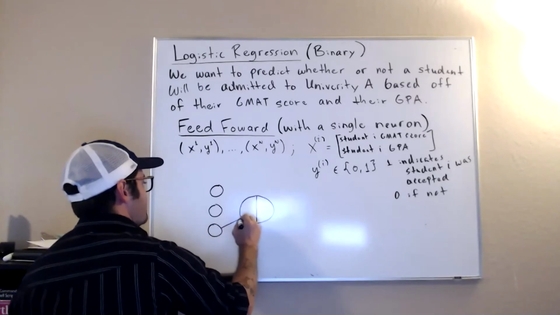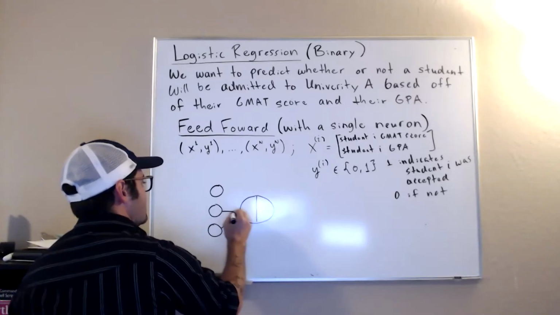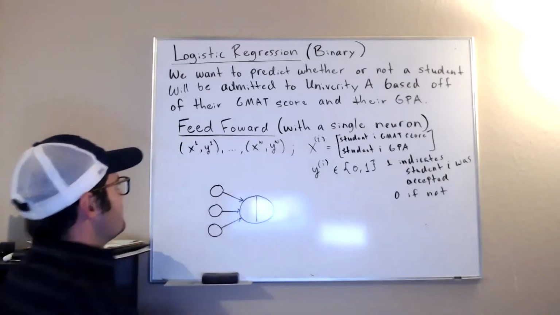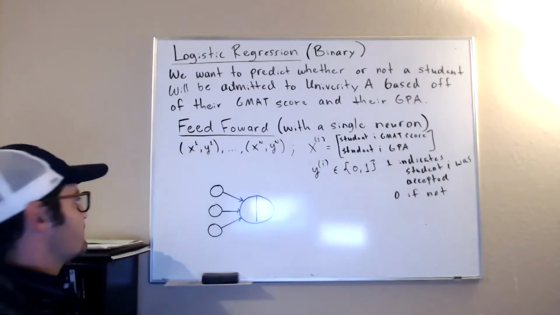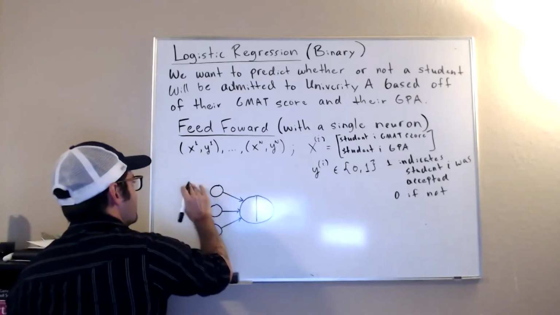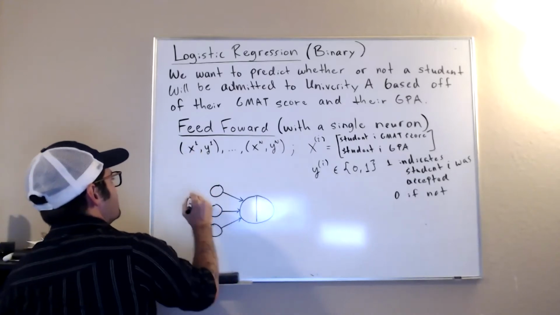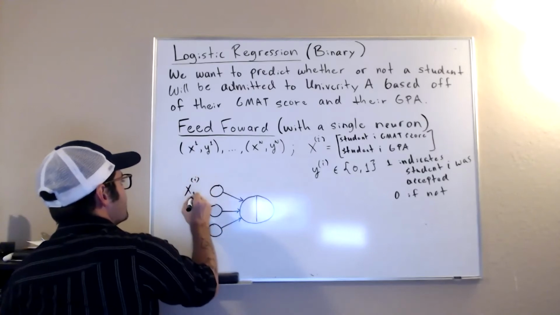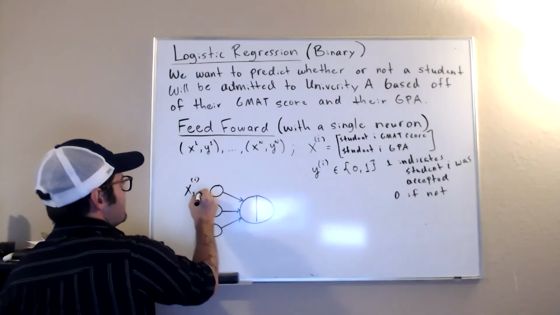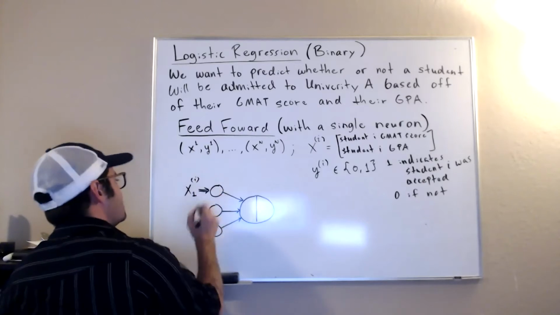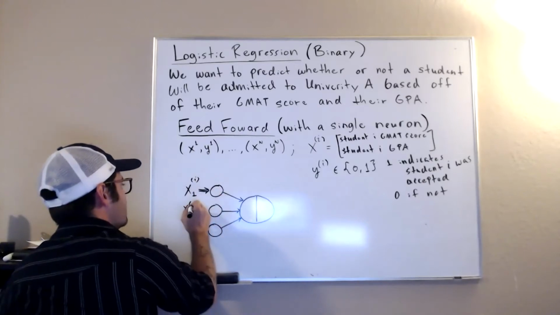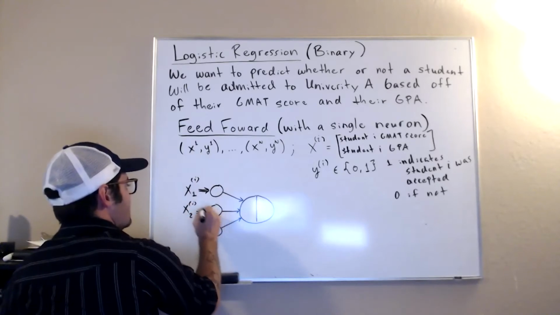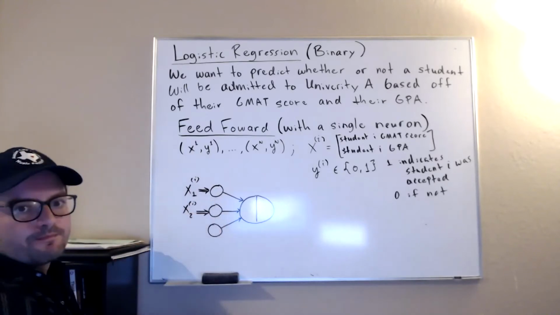Okay, so we have 2 features for each vector. So it would be like xi first feature, which is the GMAT score, and then we have student i, the GPA.